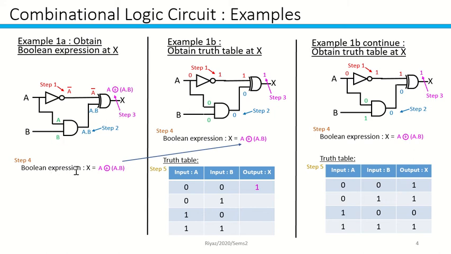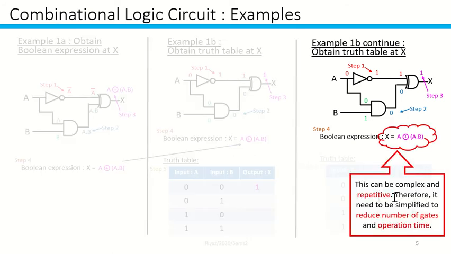When you have a Boolean expression, you get a result of this. You can generate the truth table by applying each of the possible inputs 0 0 or 0 1 through this particular circuit, and you get the response at X, and you put it over here. You already highlighted this in the previous class.